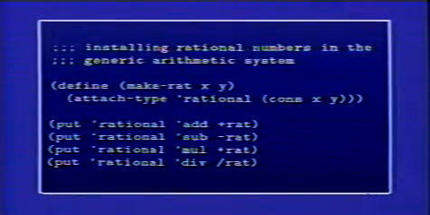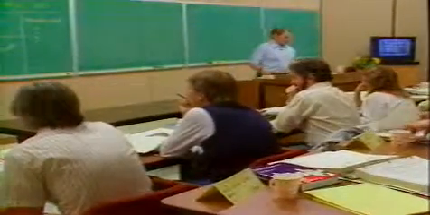And now we'll stick our operations in the table. Right? We'll put under the symbol rational and the operation add our procedure plus rat. And again, note, this is a symbol, quote, but the actual thing we're putting in the table is the procedure. Right? And for how to subtract, well, you subtract rationals with minus rat, and multiply and divide. And that is exactly and precisely what we have to do to fit inside this generic arithmetic system.